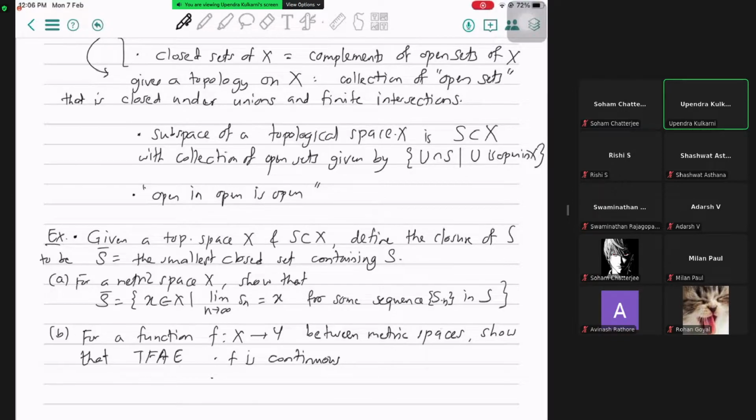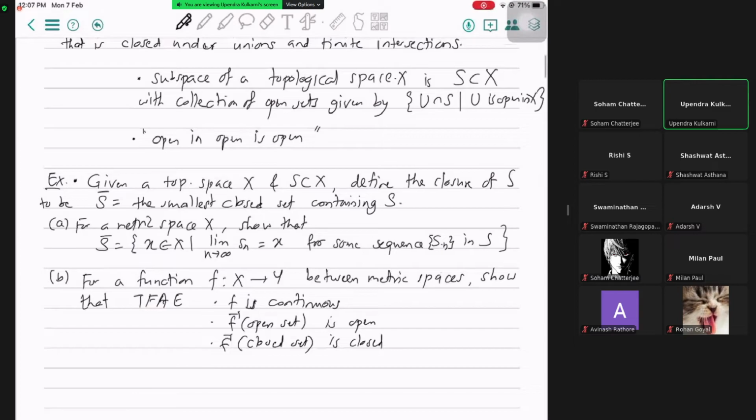F is continuous. That means it is continuous at all points. F inverse of an open set is open. F inverse of a closed set is closed, and F of S bar is contained in the closure of F of S. And this is interesting because there is a mistake in some of these somewhere in here.